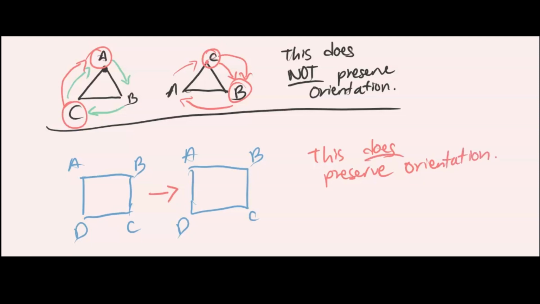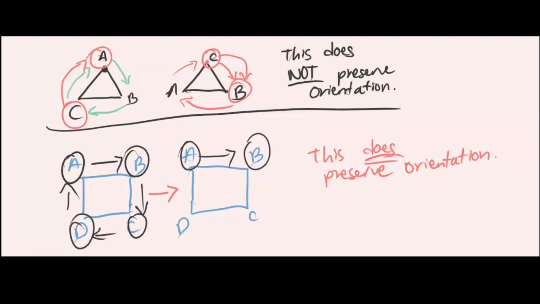Now highlight that. All right, so why does it preserve orientation? Well, you can see, let's say we have A going to B, going to C, going to D, and going back to A. So that is in clockwise. And then for the same figure here, it's the same thing.